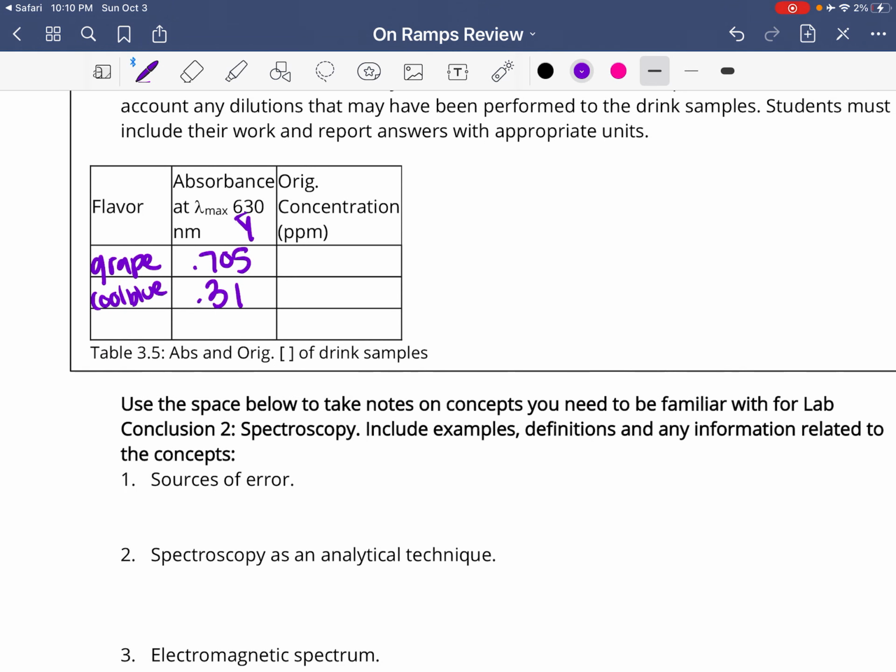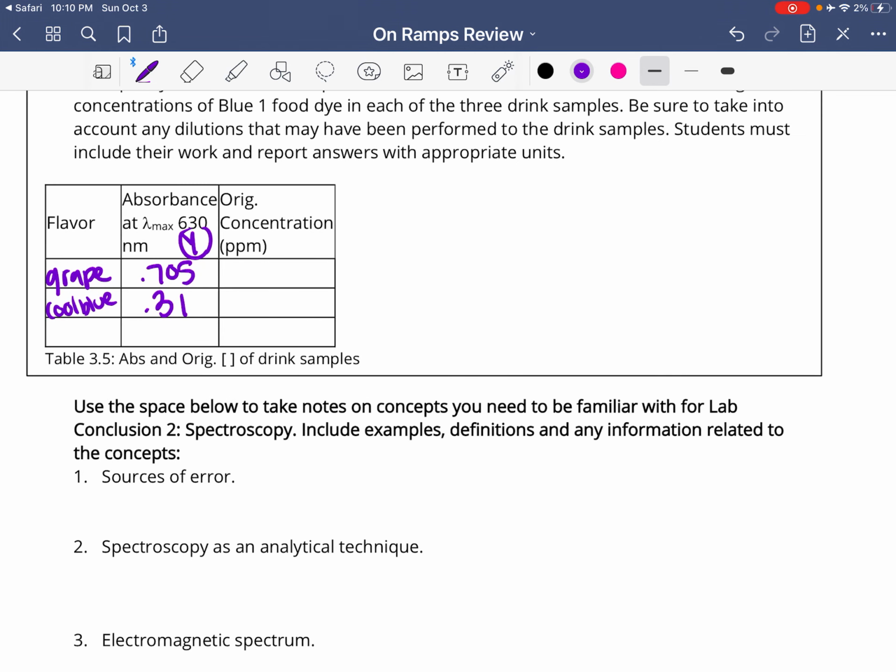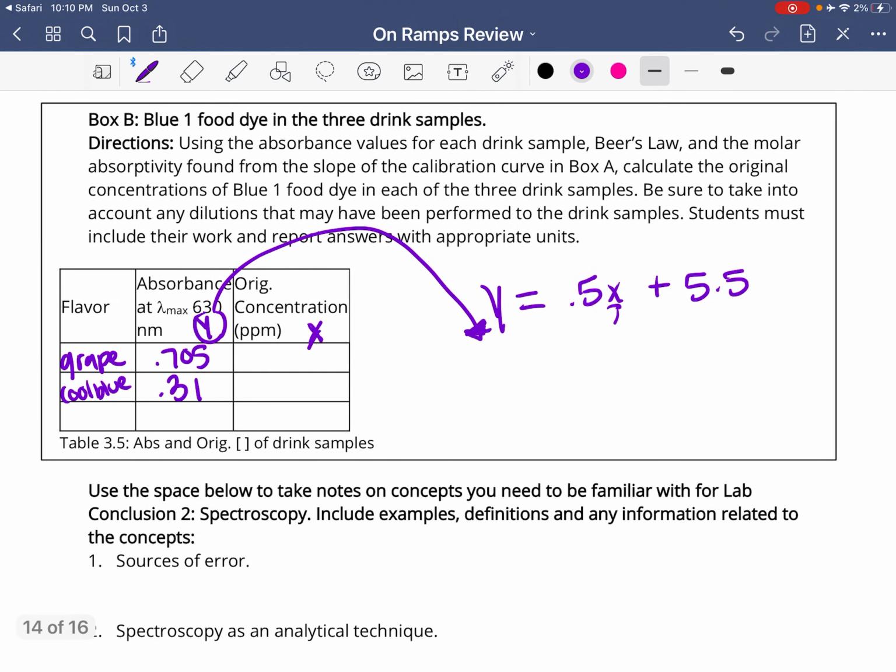Remember, absorbance was Y. Okay, so using our equation from over there, y equals 0.5x plus 5.5, you're going to plug absorbance in for each one of them. So plug it in as Y and find X, which is concentration. And tell me what concentration of blue 1 do we have in each of our samples.